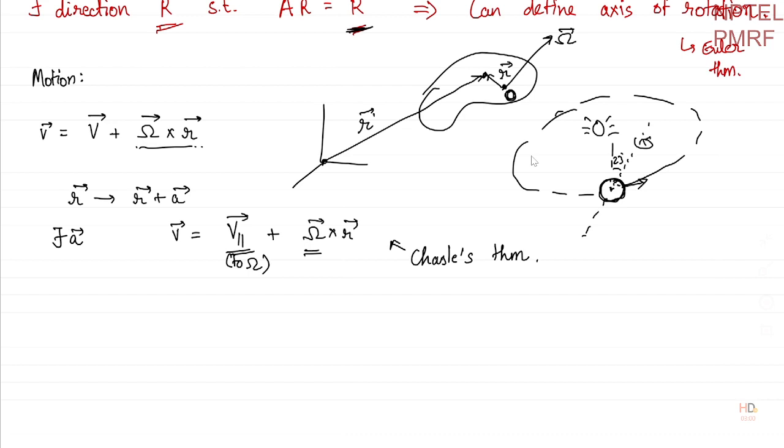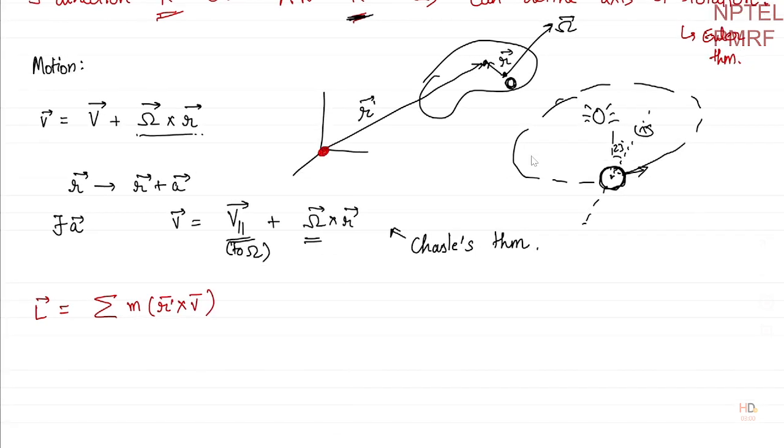Anything else? Yeah, at the end we just talked about, as a prelude to next week, angular momentum. So L, which is just defined as the sum of m r cross v, right? Or rather r prime if you are looking from this. And then when you expand, you see that it is the angular momentum of the center of mass plus a term that is due to rotation.